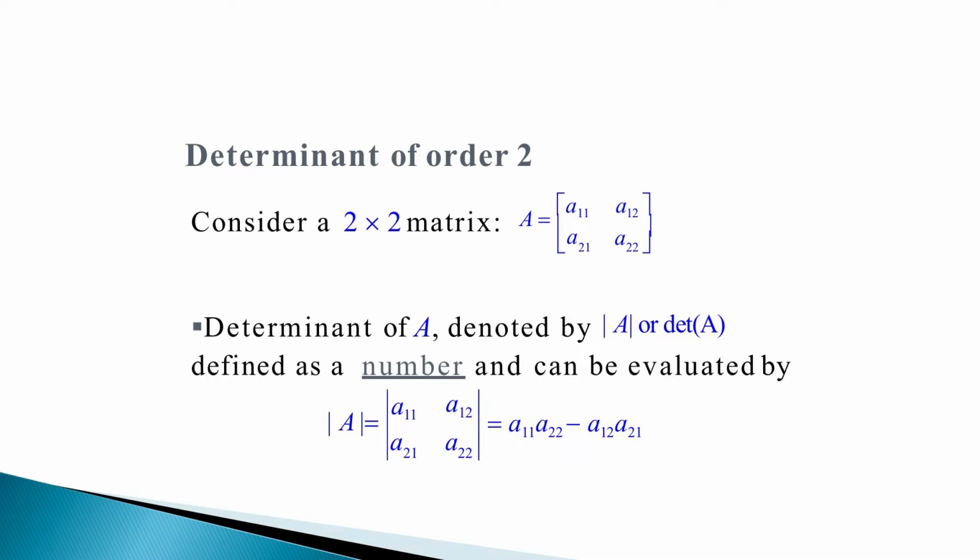Generally, consider a 2 cross 2 matrix. Suppose A is a matrix of order 2 cross 2 with elements a11, a12, a21, a22. Then the determinant of A, denoted by det A or bar A, is defined as a number evaluated as a11 a22 minus a12 a21.